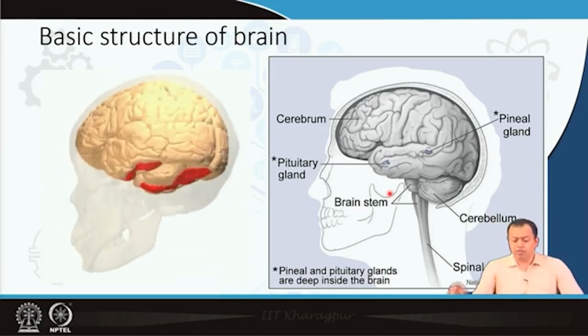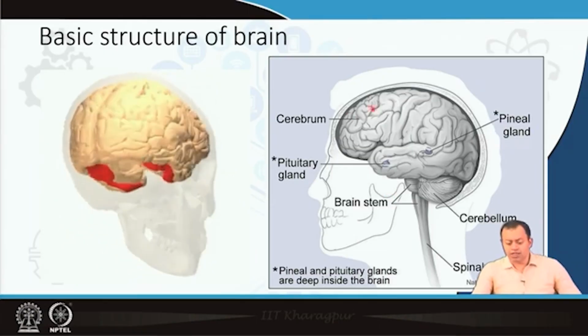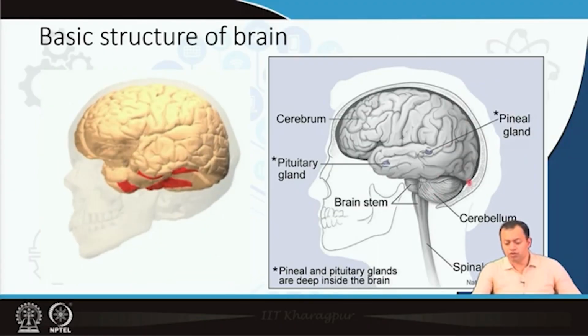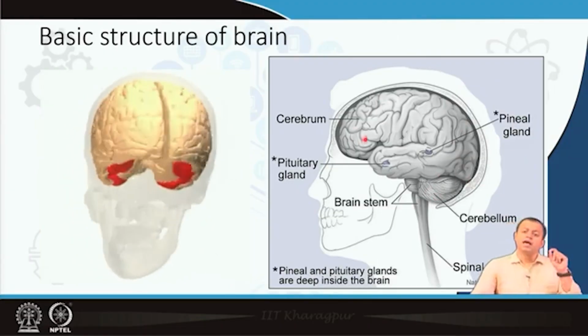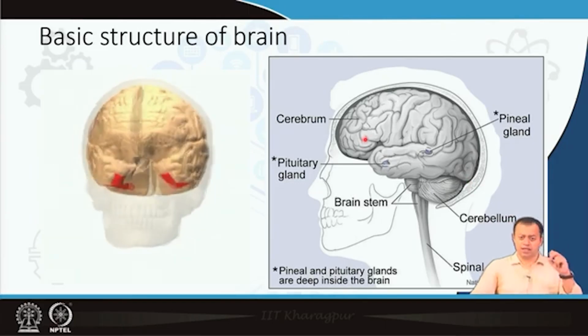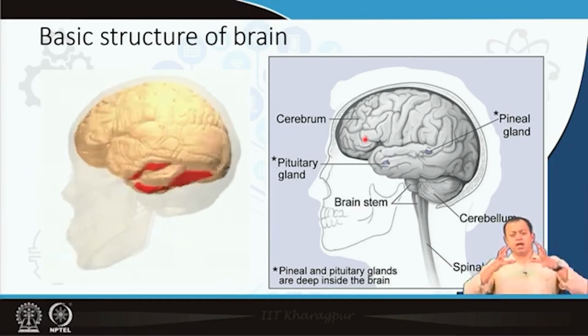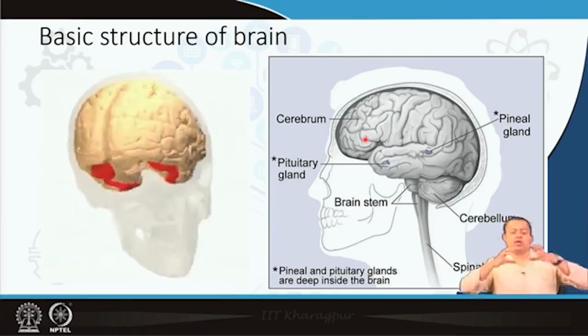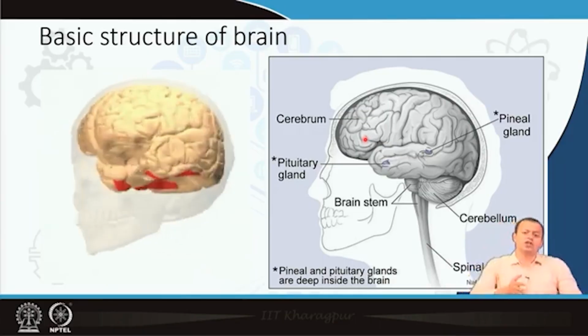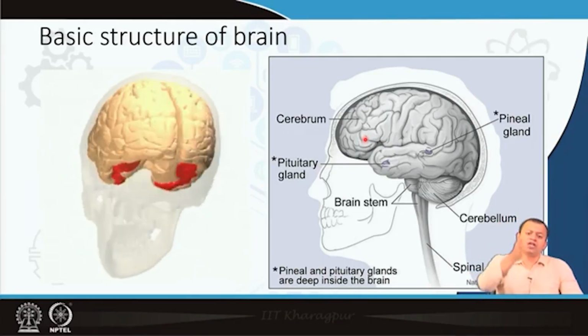Also here I must mention that when I just said that this part deals with language, this part deals with movement, this part deals with vision, there is a strong argument that the entire brain works simultaneously together. Though different areas might have different functions, these functions are not always very clear cut.